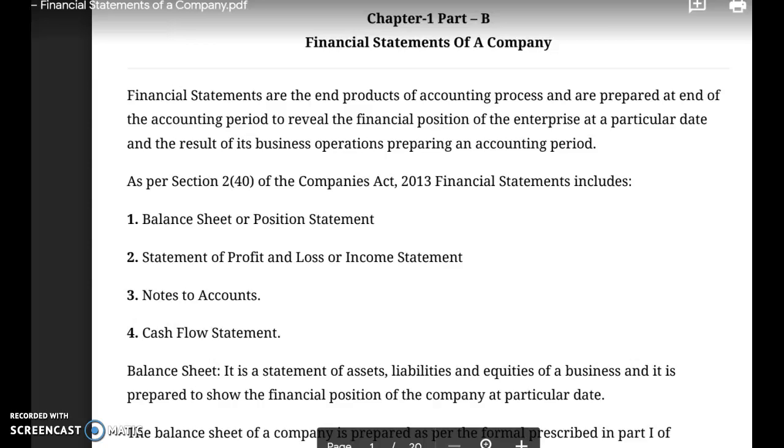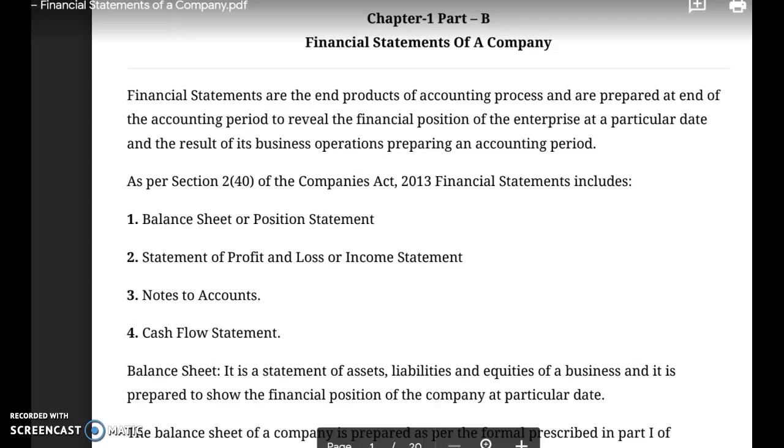Let's understand. Financial statements are the end products of the accounting process and are prepared at the end of the accounting period to reveal the financial position of the enterprise at a particular date and the result of its business operations during an accounting period. Now, what do we mean by financial statements?